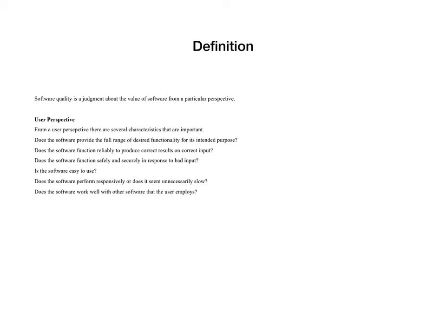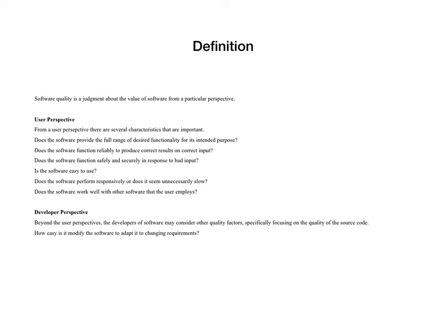And does the software work well with other software that the user employs? You can call it compatibility or interoperability. How compatible is your software with other software? From the developer's perspective, it concerns the quality of the source code.